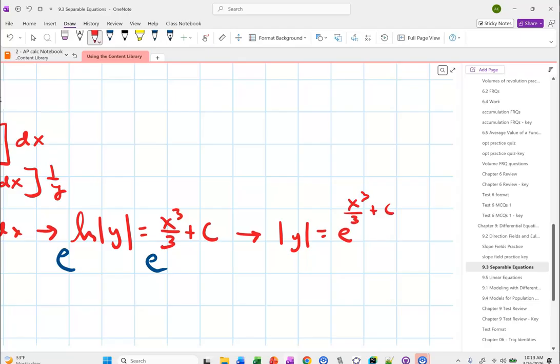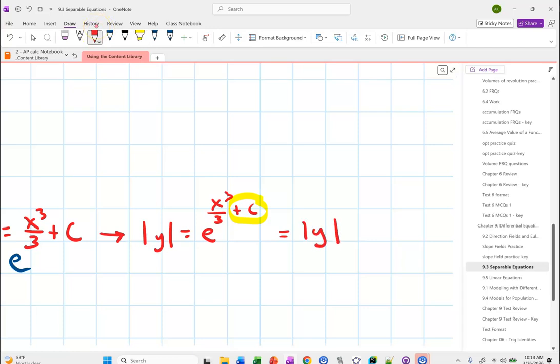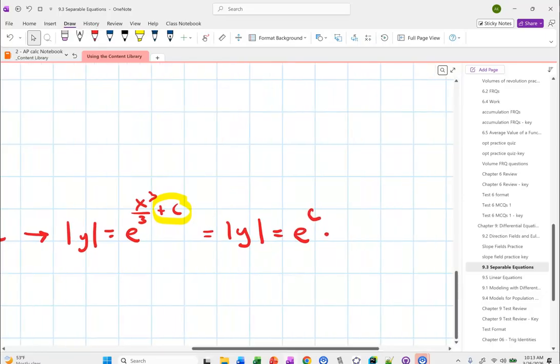Now, we typically wouldn't write it this way, specifically the plus c in the exponent. If you remember your rules of exponents, addition in the exponent is the same thing as multiplication of things with like bases, right?